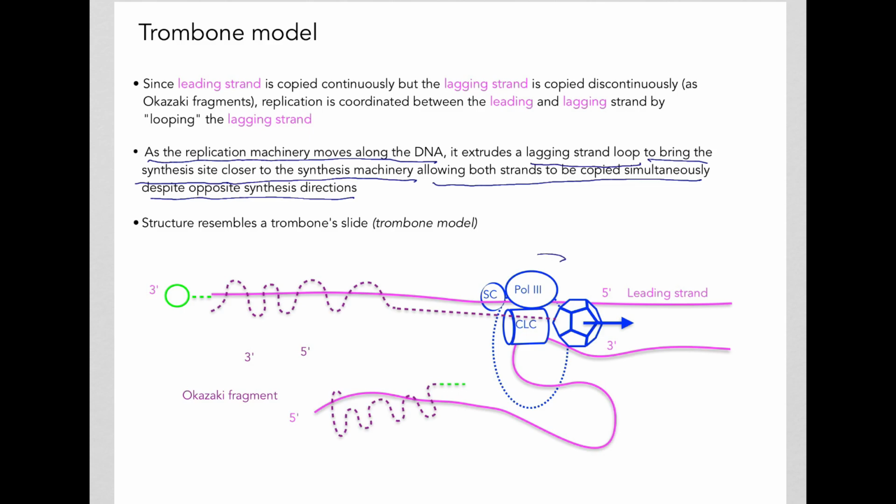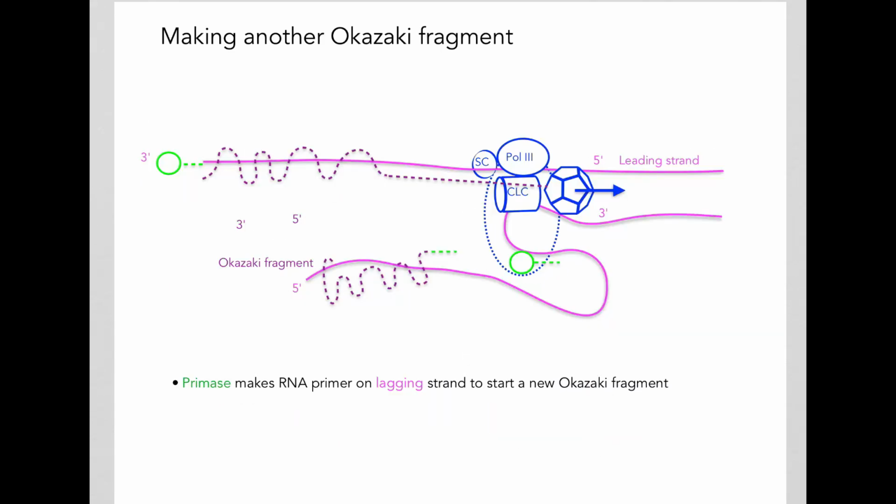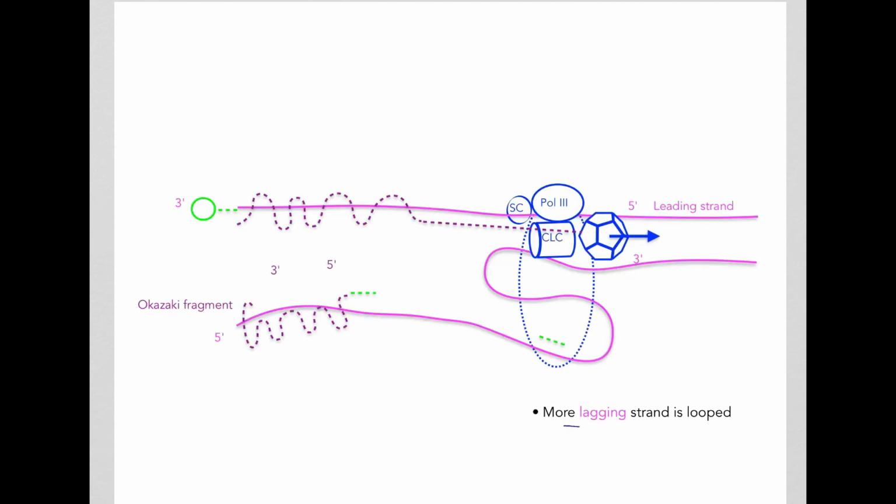This whole structure here resembles a trombone slide, and therefore this is sometimes called the trombone model of replication. The lagging strand will keep on getting copied. Again, a primase will make an RNA primer in order to start a new Okazaki fragment. More of the lagging strand becomes looped, and that brings the primer closer to the synthesis machinery.